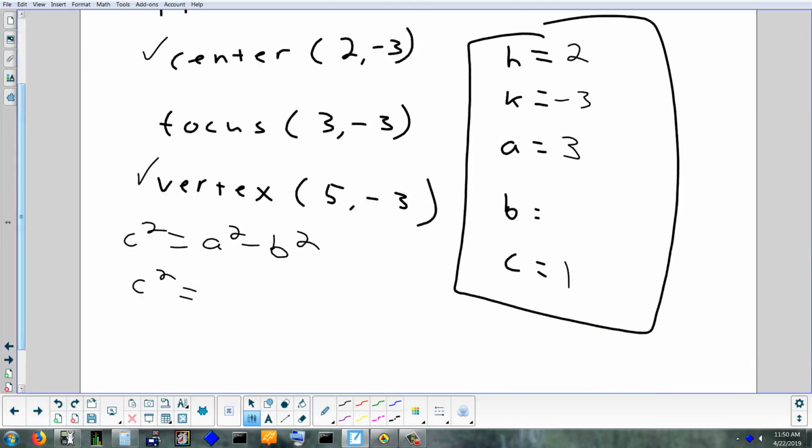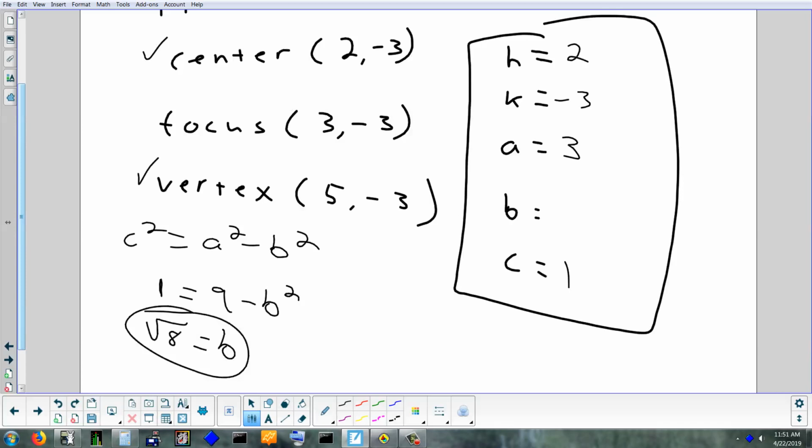So c squared is 1. a squared is going to give me how much? 9 minus b squared. So what will b come out to? And technically, we don't even need b. We really need b squared. That's what you're going to put in the formula. But that works. b is the square root of b squared.